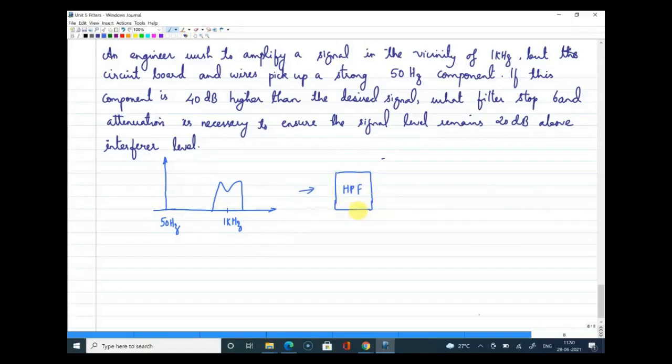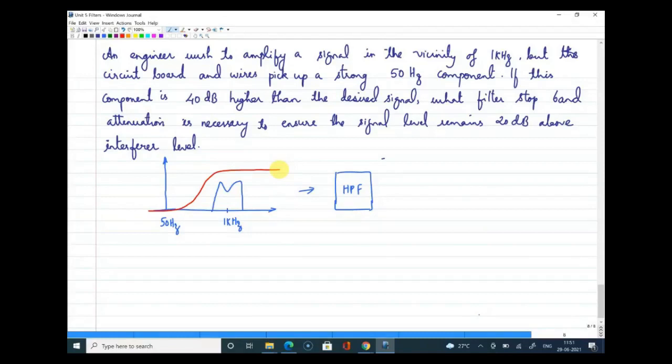Now how much should be the stop band attenuation of this high pass filter? We are trying to ensure a filter which can provide this kind of response. This is high pass, so it will definitely eliminate the frequency at 50 hertz. Now how much should be the stop band attenuation so that the signal level will remain 20 dB above the interferer level?